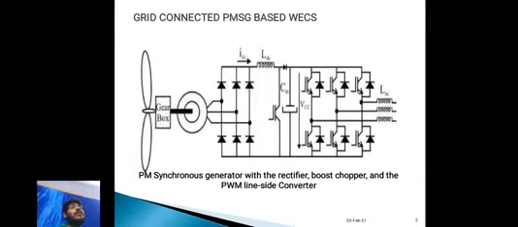In the booster, a DC to DC power converter steps up the voltage level from input to output. The PWM (pulse width modulation) line side converter is used as an inverter to give a steady state output voltage like 230 volt or 110 volt AC irrespective of the load.